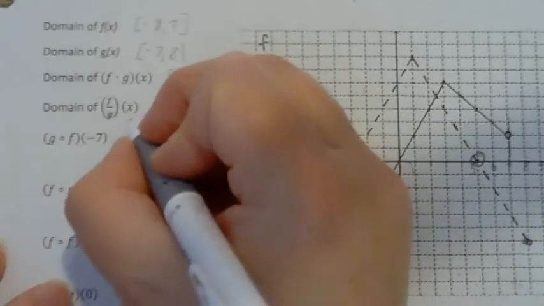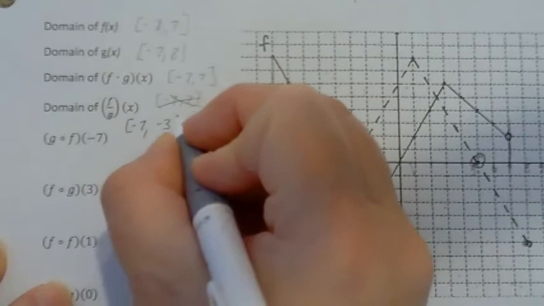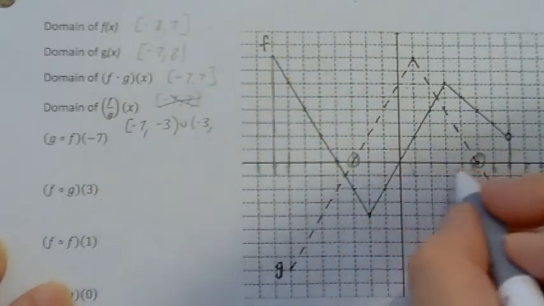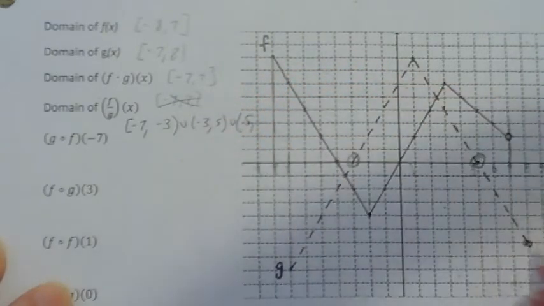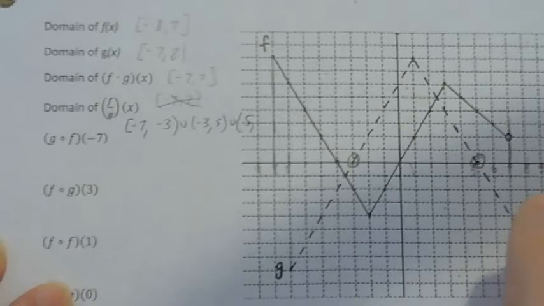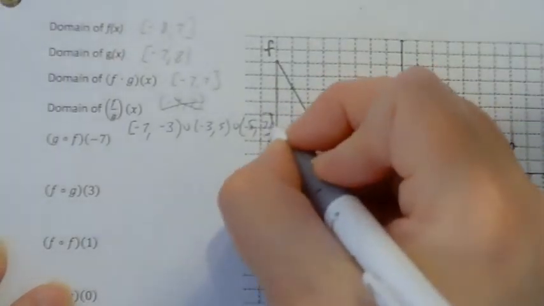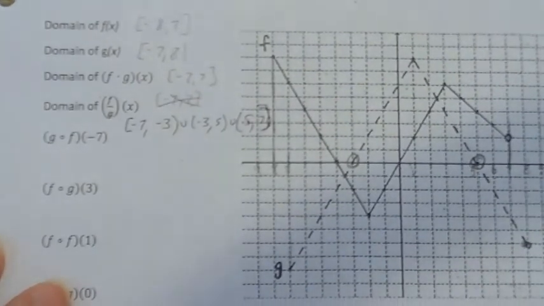So it's going to go from -7 all the way to -3, skip over -3, and go all the way to 5, skip over 5, and go to 7. And 7 is fine, so I'm going to put a bracket. All the other numbers are not fine, because that's where g is on the bottom of the fraction.